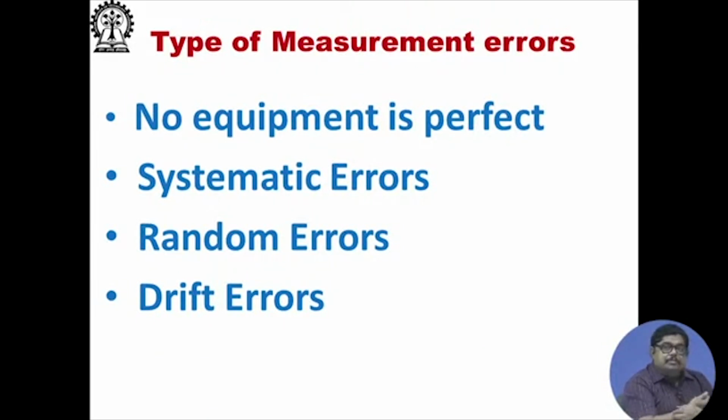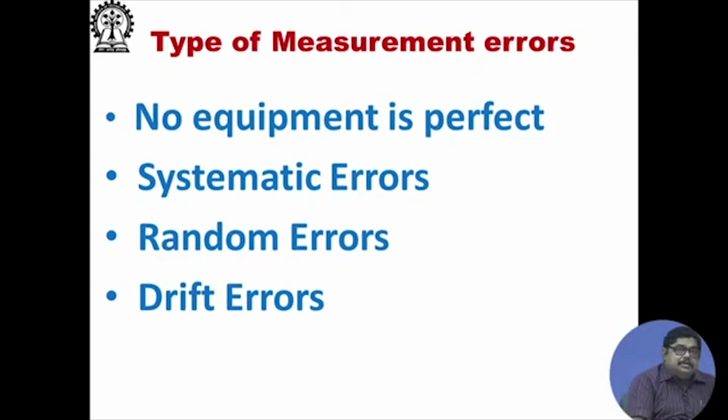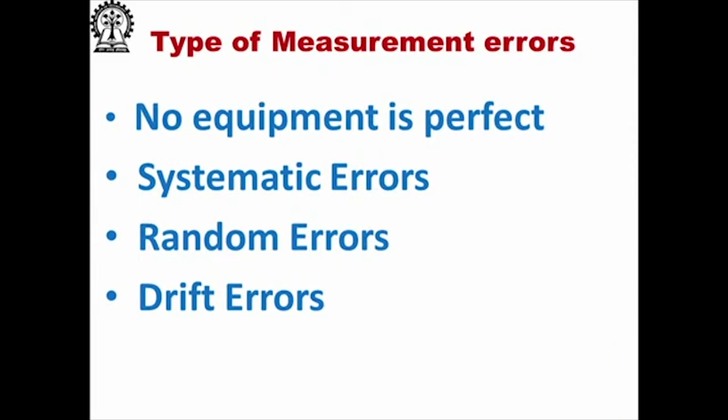Any measurement has some errors, no equipment is perfect. It has some systematic errors, some random errors, some drift errors. Systematic errors means, suppose I want a perfect impedance match, but in reality I cannot always get an impedance match. I say that the terminal should be defined at the port, but in actual reality the port may be extended a bit. All these are systematic errors.